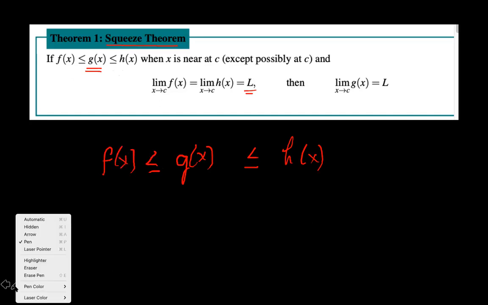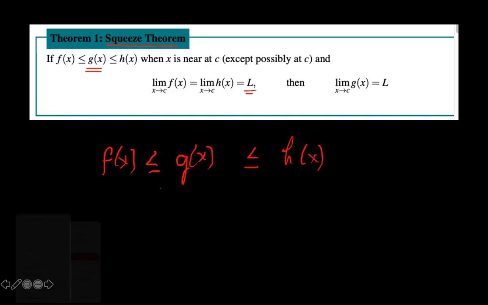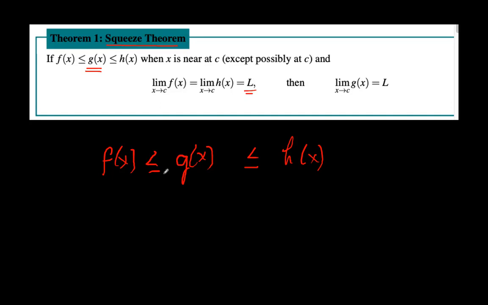So again, as I mentioned earlier, if ever it's quite hard to find the limit of g of x as x approaches c, let's say, c is a real number here, there is another way to solve for the limit of g of x by finding two functions where the function values are greater than g of x, and the other function is less than the value of g of x.